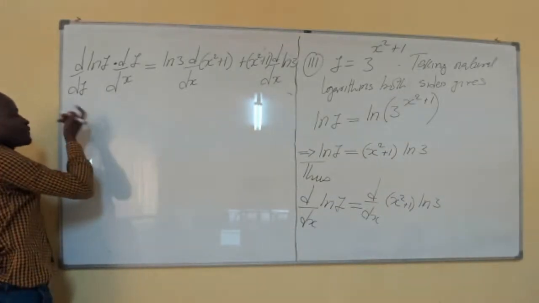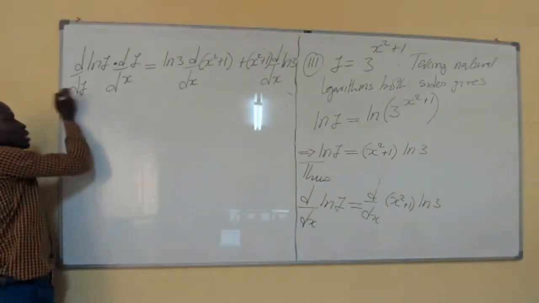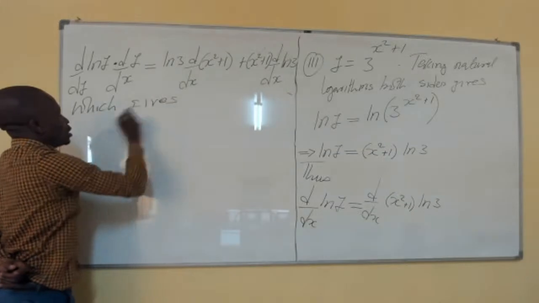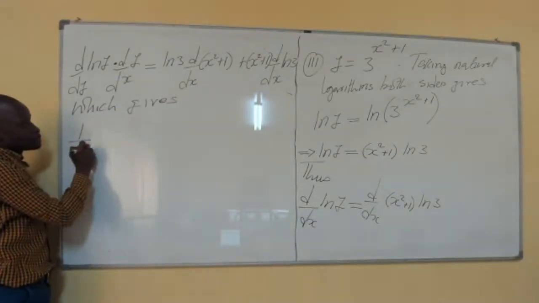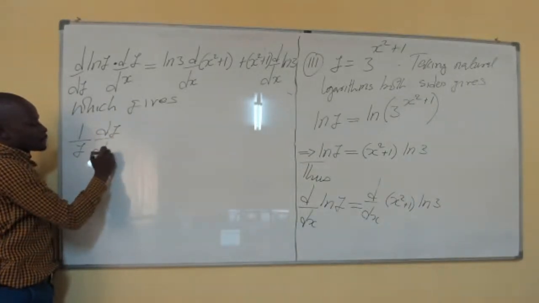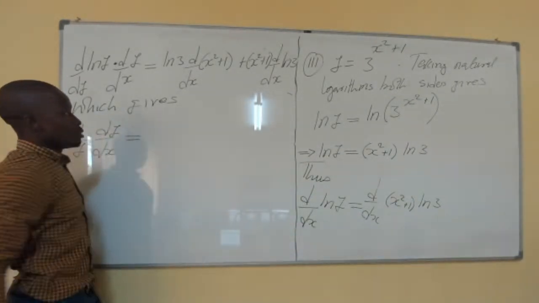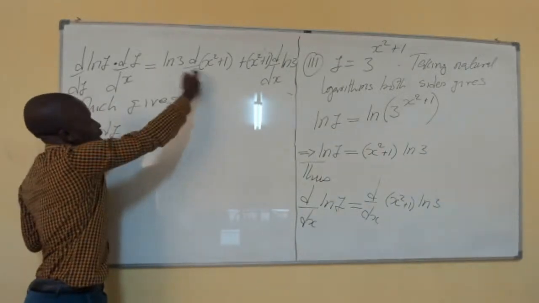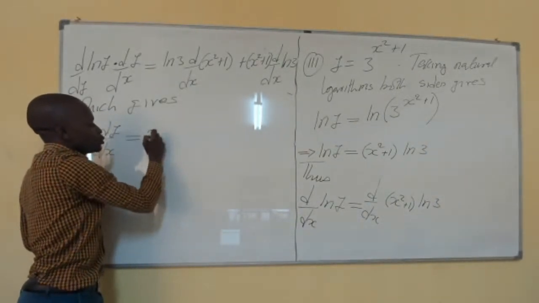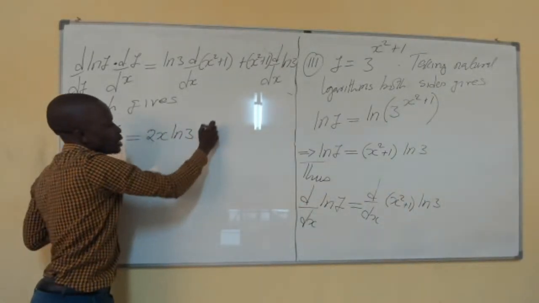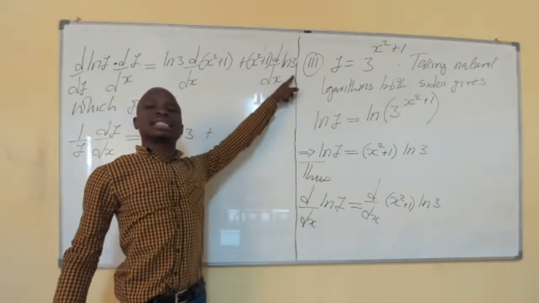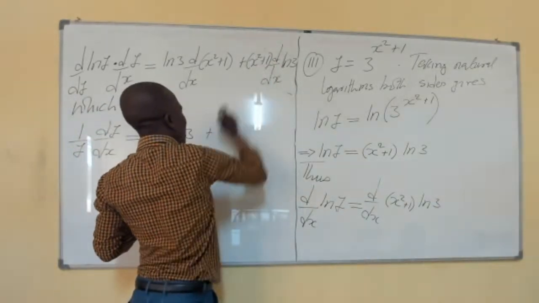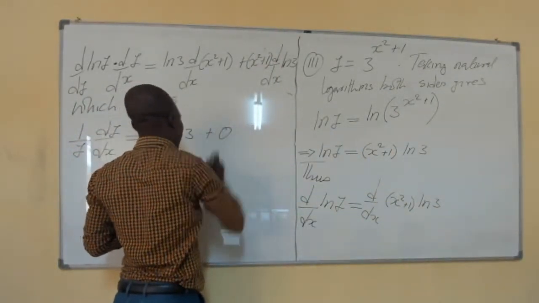On the left hand side we have 1 over y dy/dx, which is equal to, now the derivative of x squared plus 1 with respect to x is just 2x, so 2x ln of 3, plus, now the derivative of ln of 3 is a constant, so this gives 0, so 0 times x squared plus 1 gives 0.